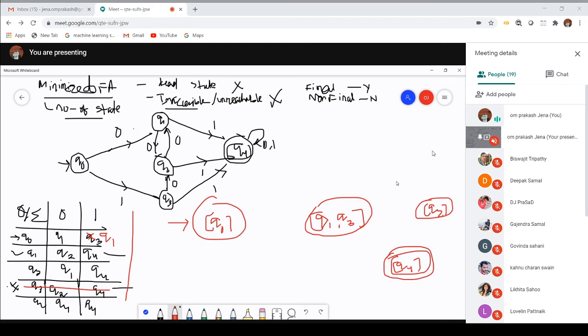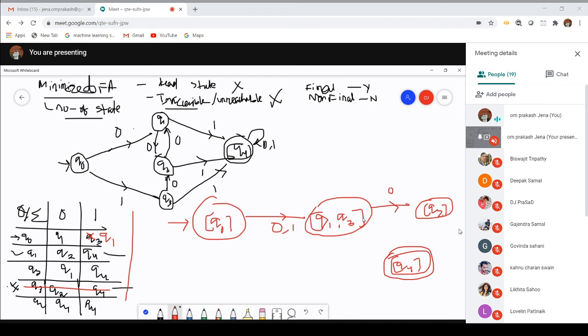On Q0, if I pass 0, it will move to Q1. So Q1 is nothing but this state. On 1, it will move to the same Q1 again, so I can give a loop over here like 0, 1. Next, on Q1, which is same as Q3, if I pass 0, it will move to Q2.